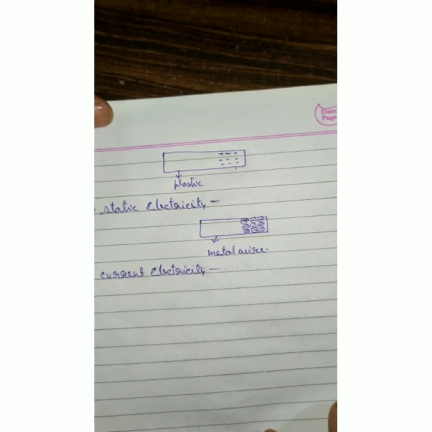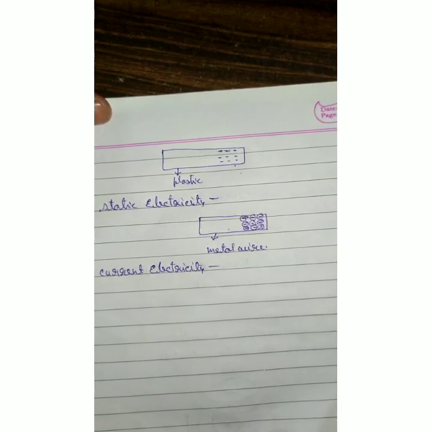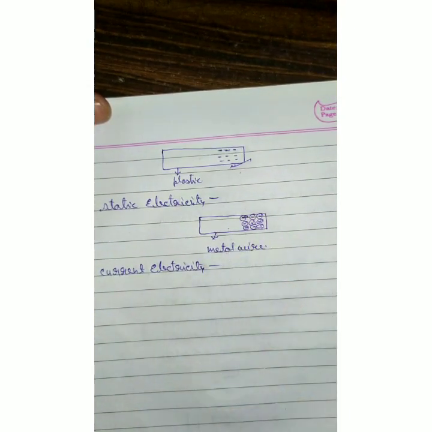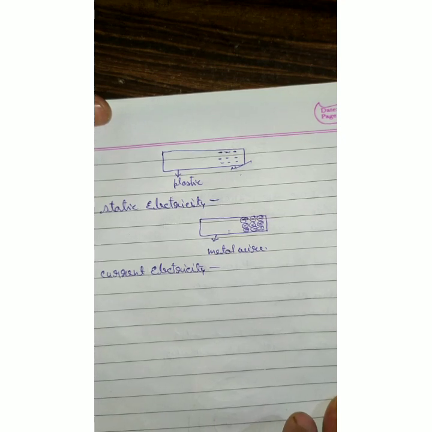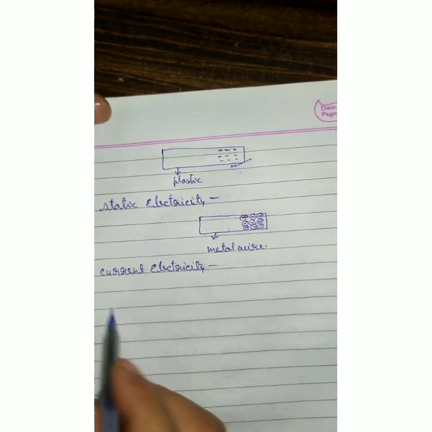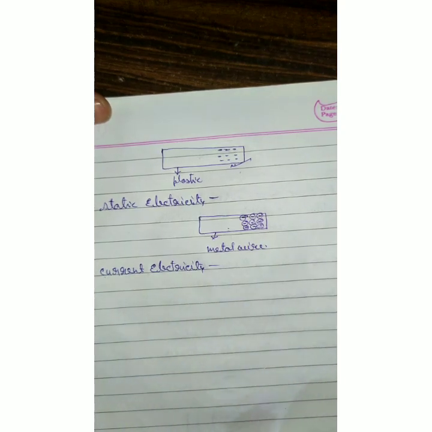So there are two types of electricity, static electricity and current electricity. When charge stays at one place, it is static electricity. When charge is in motion, that is known as current electricity. And in this chapter we study current electricity, which is normally known as electricity.